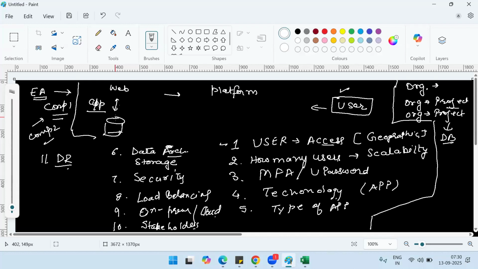Now tell me, is it the enterprise architect who needs to work with the business analyst? Absolutely, because you know what the requirement is.